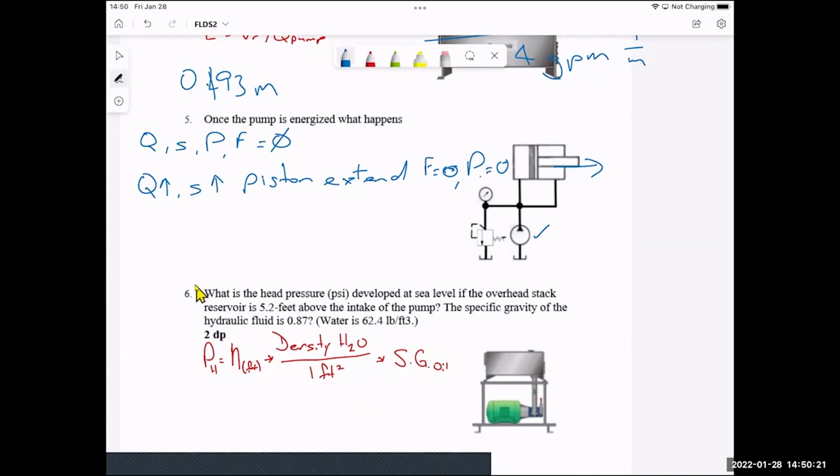So what happens? The piston will fully extend and run into the deadhead situation. At that point, I'm still with the flow. Okay, it's still running at this constant value. The speed is going to now stop because the piston is stopped.